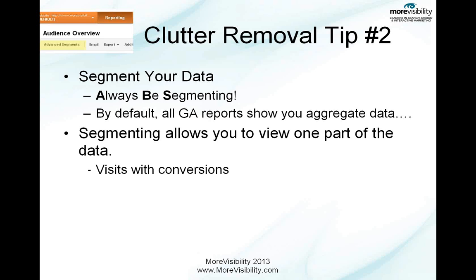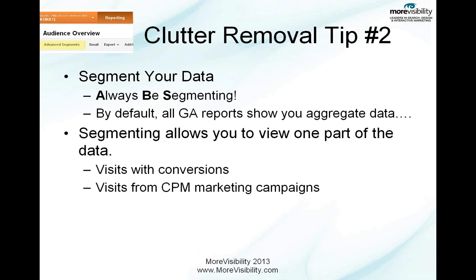So again, it allows you to view one part of the data instead of all of it. And here's a great example. Visits with conversions, that's a powerful segment. If you want to look at over time or all of last year to understand, okay, my visits that converted or had an e-commerce transaction, where did they come from? What were the sources? What were the keywords? What were the email marketing efforts? What were the offers? That's going to give that to you in one fell swoop.